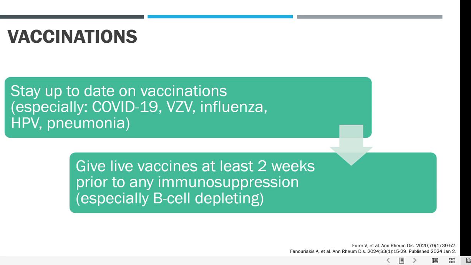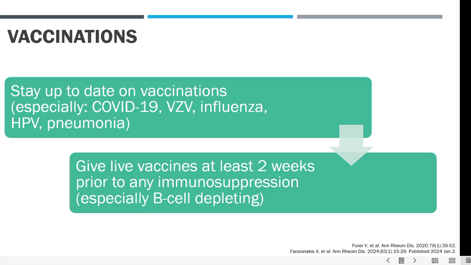Thinking about some of our vaccinations, staying up to date on vaccinations, especially for COVID-19, varicella, influenza, HPV, and pneumonia. All of these disease states have been shown to have negative effects on SLE. So as pharmacists, we can help promote vaccine education and make sure our patients are up to date on their vaccines, which may help prevent complications as well as progression of our SLE.